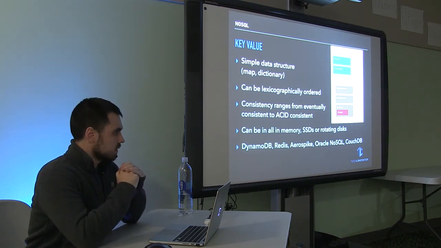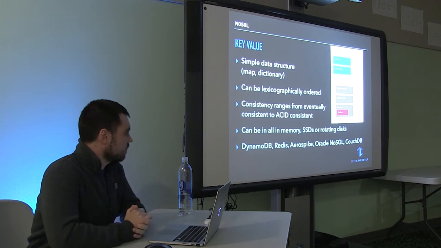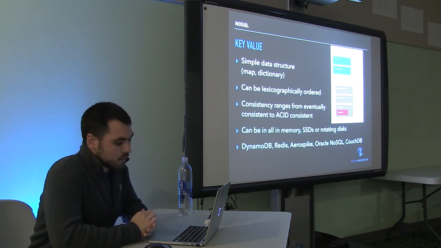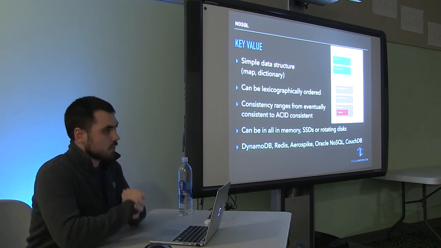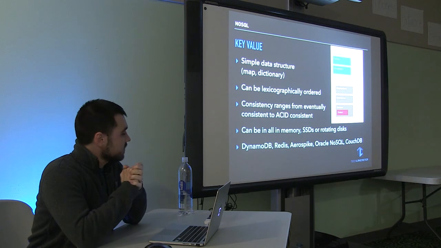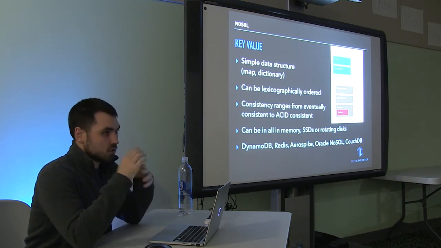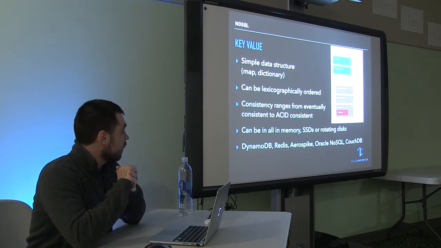You can use spinning disks if you have just a lot of data that you need to store. And some examples of these types of key value databases are DynamoDB, Redis, Oracle NoSQL, and CouchDB. And you'll see some of these databases actually will appear again because they too can change their storage depending on your needs.